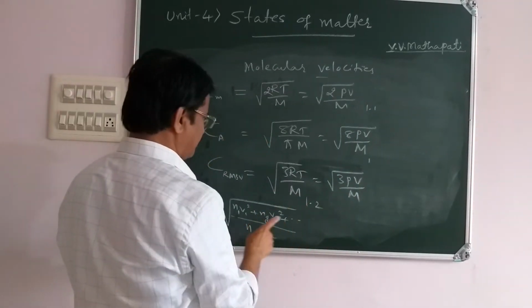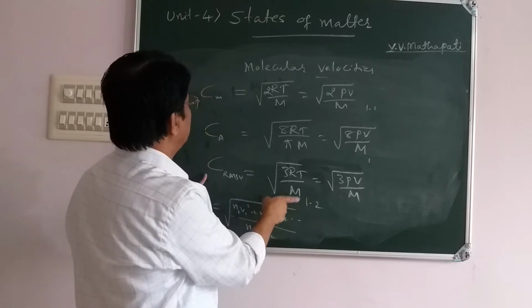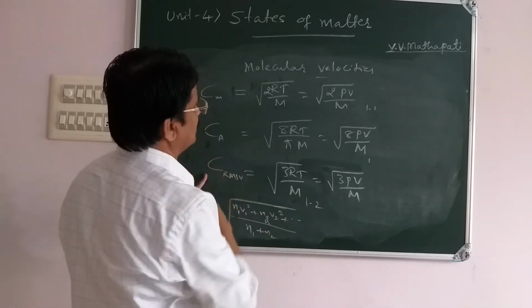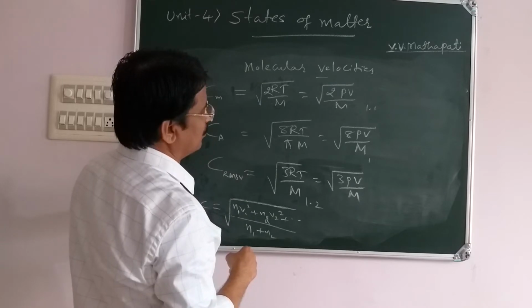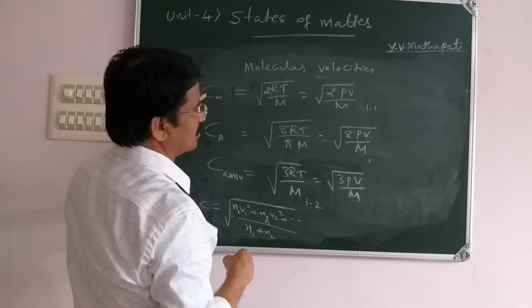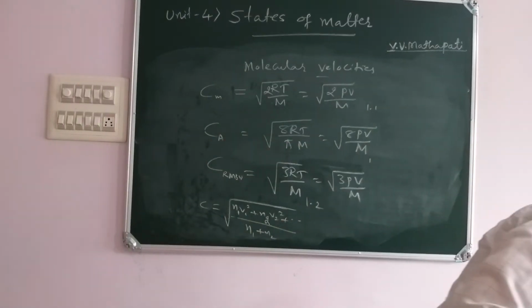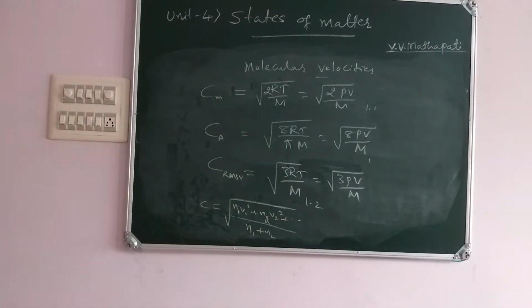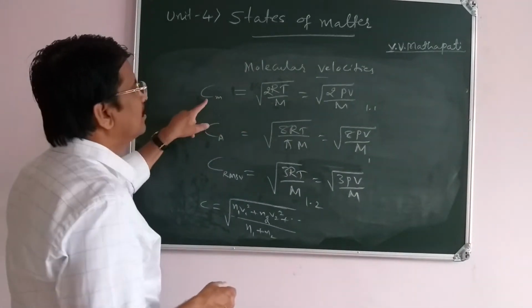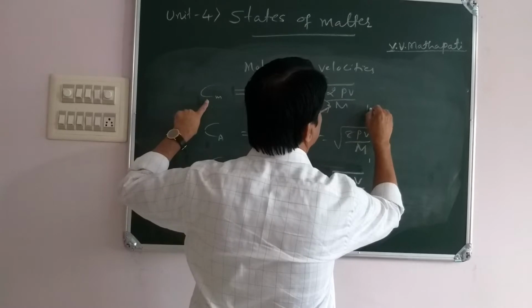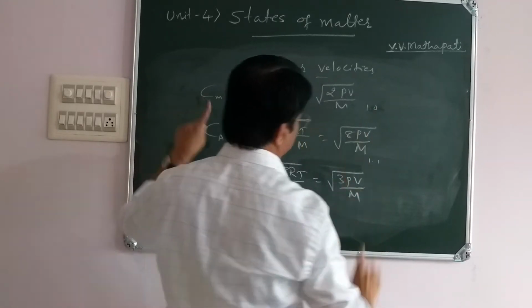That's the highest value for RMS velocity and the lowest for most probable velocity.